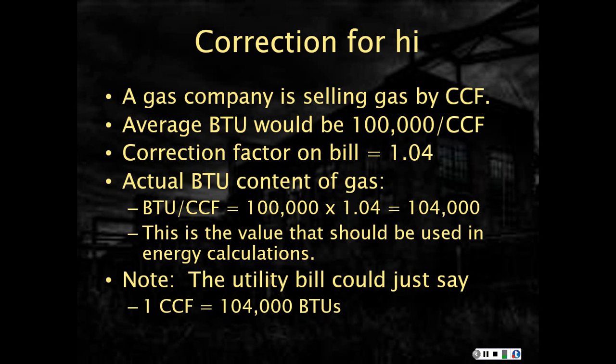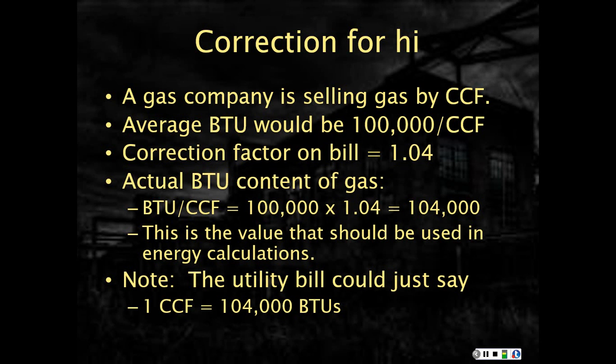Now on the flip side of the coin, some gas sources are actually greater than 100,000 BTUs per CCF. So in this case, the correction factor on the bill says 1.04. Again, we take the average value, which is 100,000 BTUs per CCF, times the 1.04.